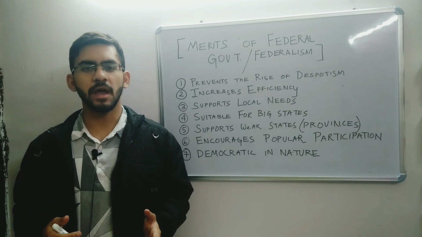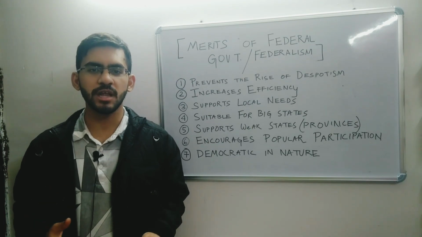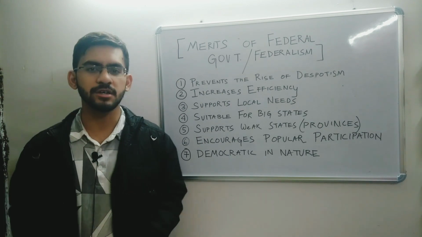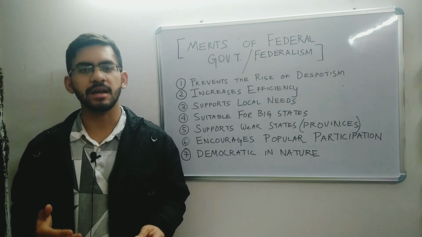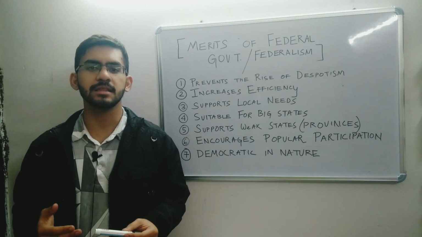Now, because a federal system of government is characterized by a supreme constitution and an independent judiciary, we can say that it is democratic in nature, wherein factors like public opinion and civil and political rights are held in the highest regard.